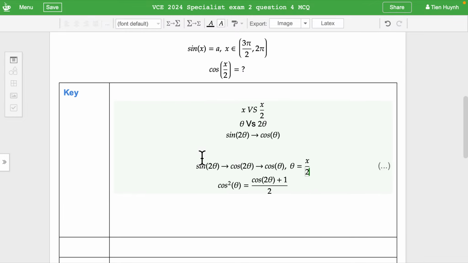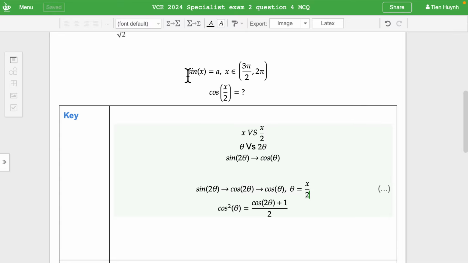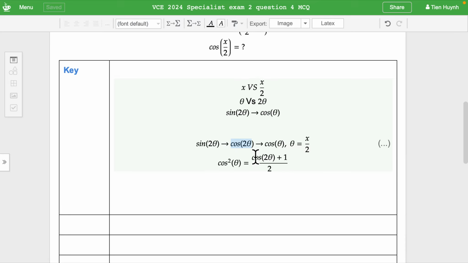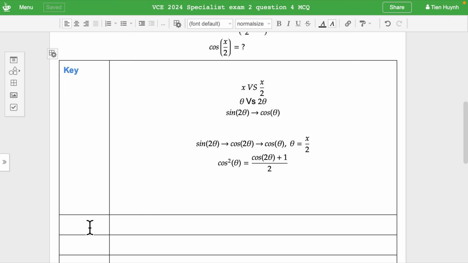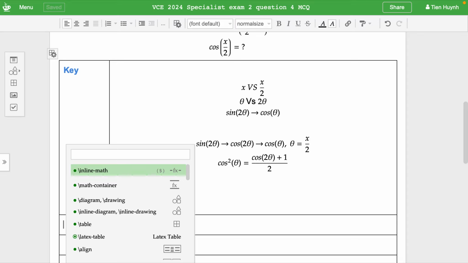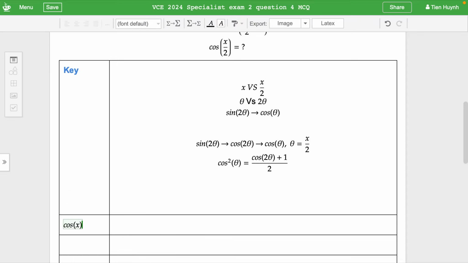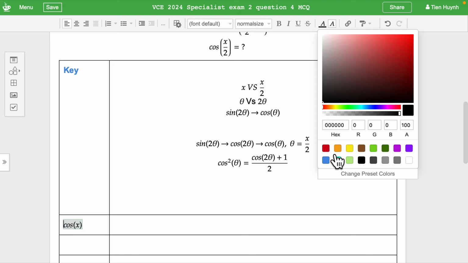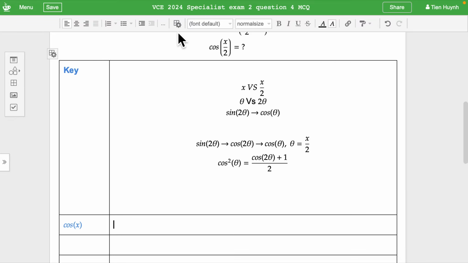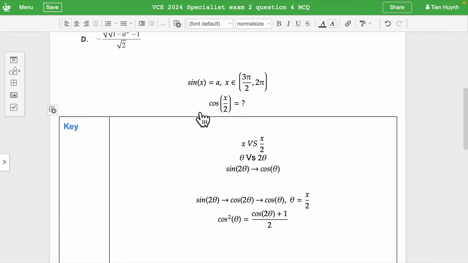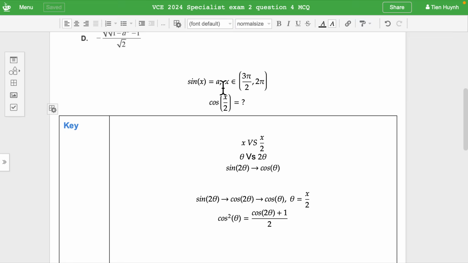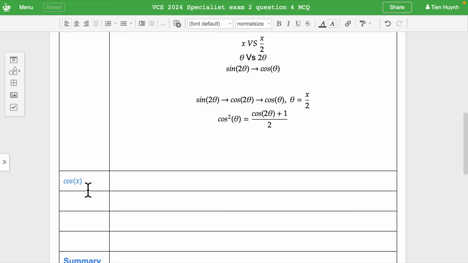Now we are given sine of x, which is the same as sine of 2 theta, with theta being x divided by 2. And we need to figure out cosine of 2 theta. How can we do that? The first step is to figure out the value of cosine of x. If you have sine of x equal to a, how can you figure out the value of cosine of x?